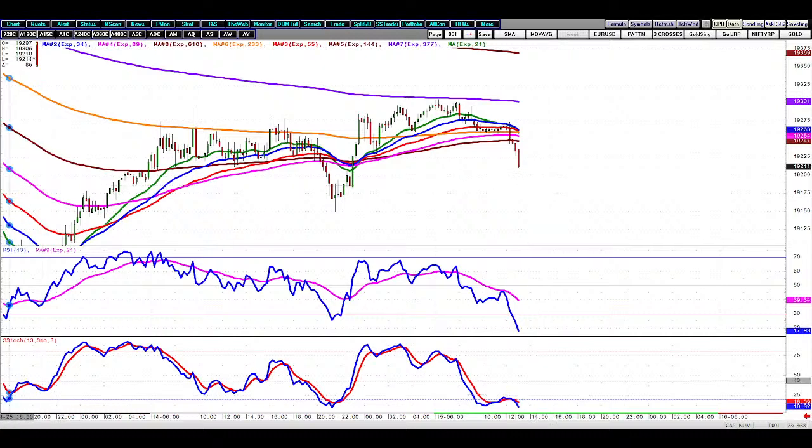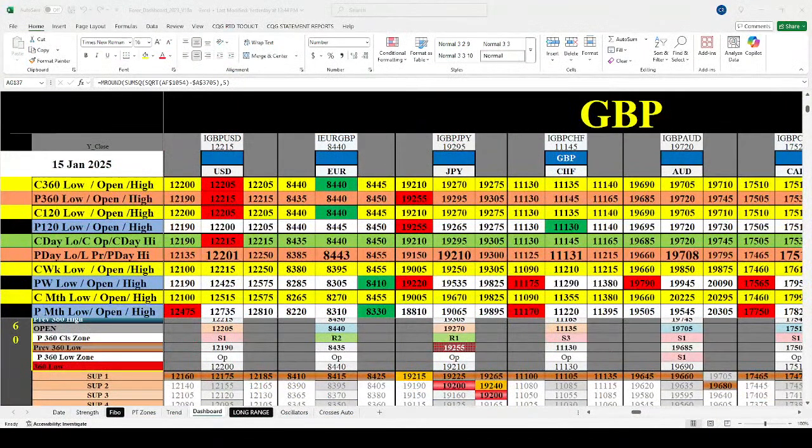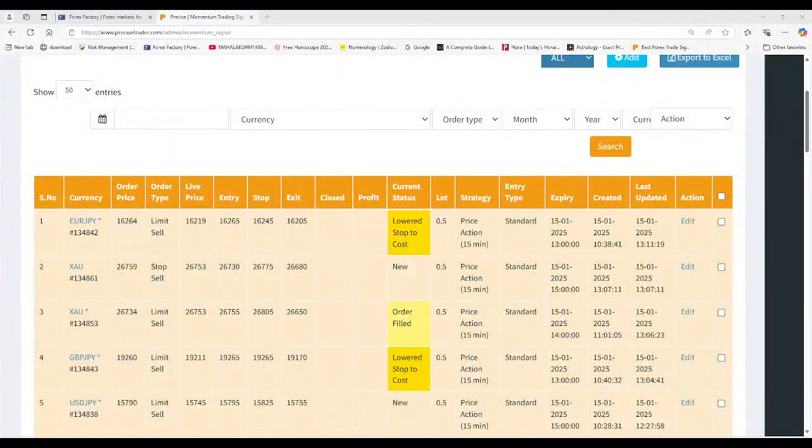Okay, let's check that with the system. If you check on the system, it should also give you an answer. If you look into your 360, the system says there is a support at 92 figure and 91.90. So for sure we need to close at 92 or 91.95. Okay, so now I think I'm clear.